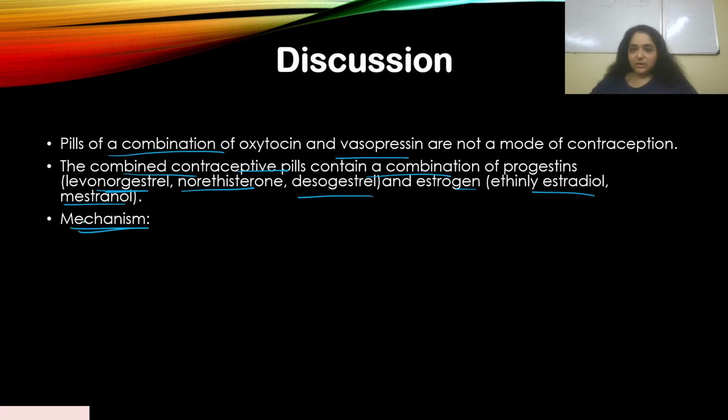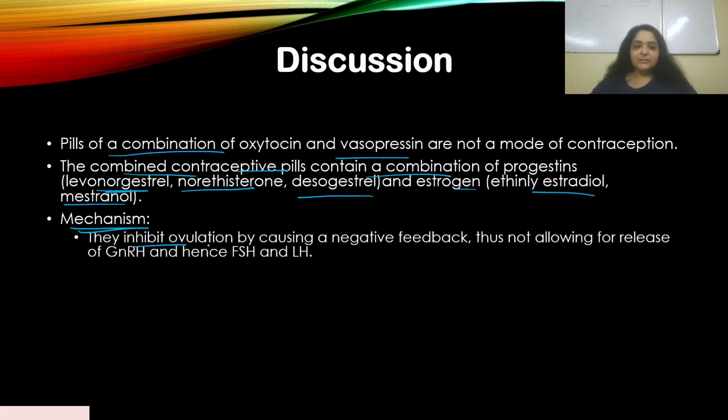How do they work now? The mechanism: they inhibit ovulation by causing a negative feedback, thus not allowing release of gonadotropin releasing hormone and hence FSH and LH. So they affect the feedback loop, which I've already explained when we studied emergency contraceptives. They maintain high levels of estrogen and progesterone in the body.